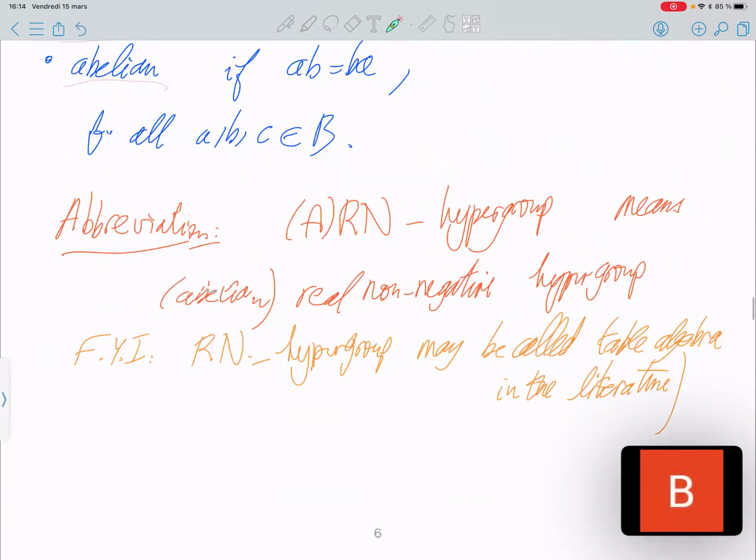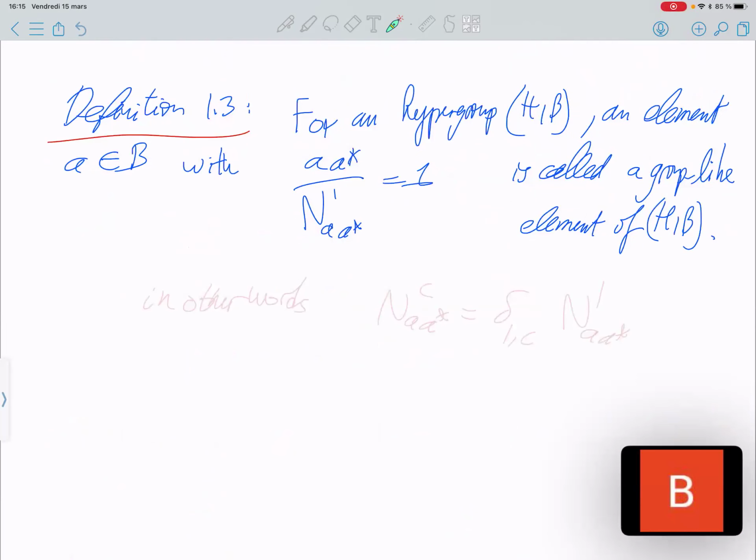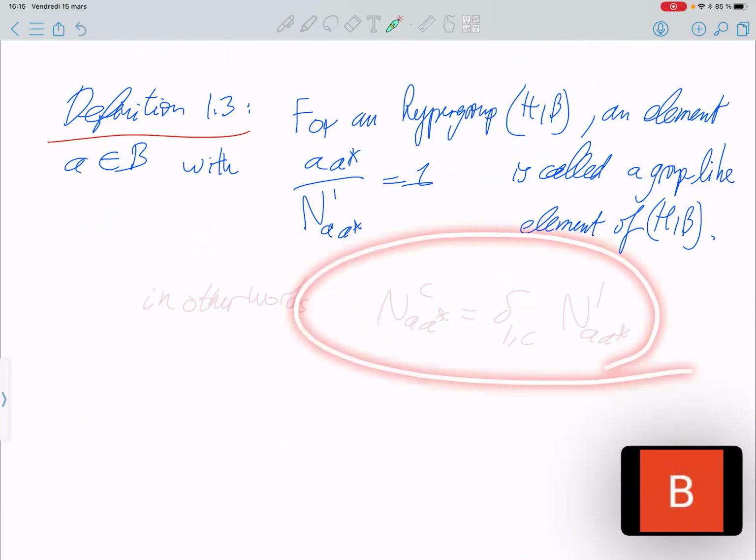So a group-like element is an element A such that this is true. This coefficient is 0 except for C equal to 1, and then we just renormalize to have 1. To renormalize, we need it to be non-zero, but by the definition of hypergroup, it is non-zero.